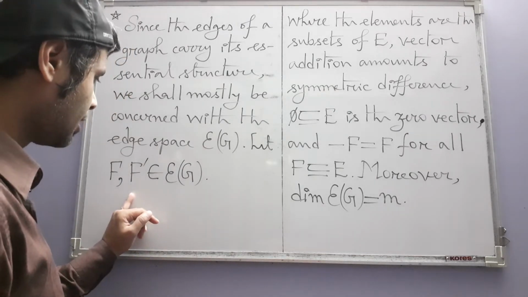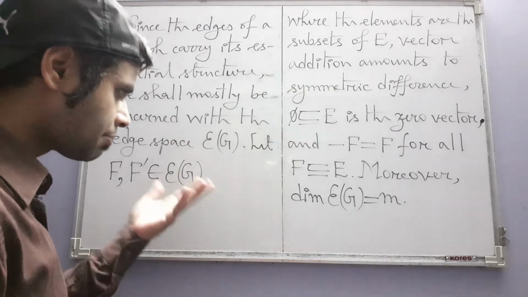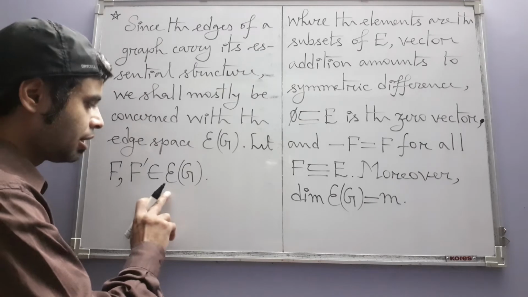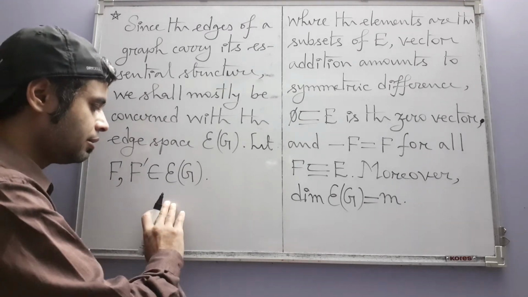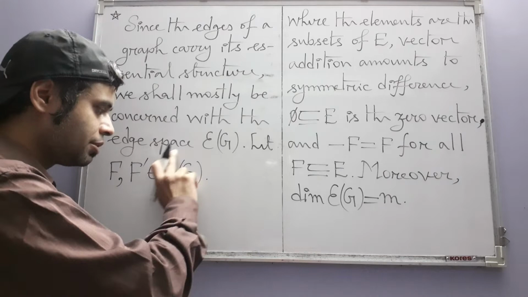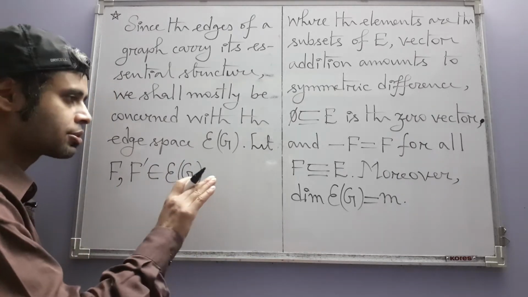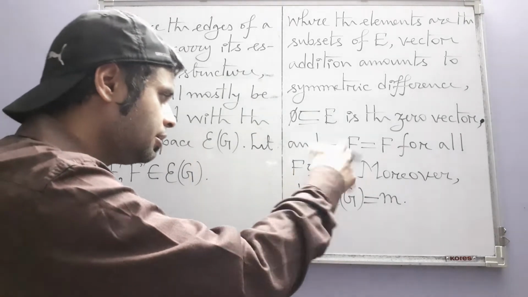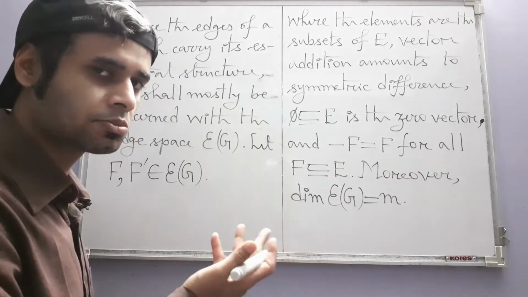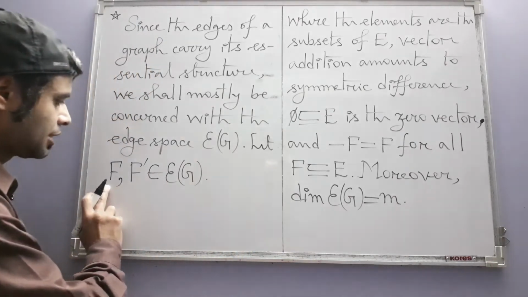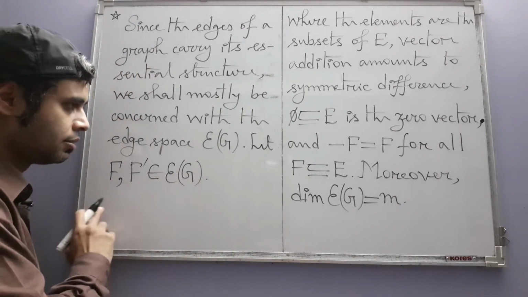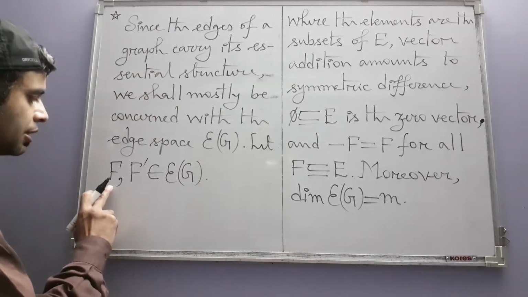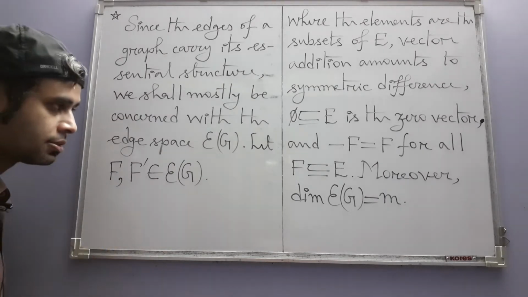It means that f and f prime are subsets of E, or in the actual definition, if we are really considering the actual definition of the edge space of G, then these are not subsets of E strictly speaking, but rather functions from E into F2. But we have already seen that correspondence is there, where subsets and their indicator functions are identified and are treated as the same thing. So that's why we can consider them to be subsets of E.